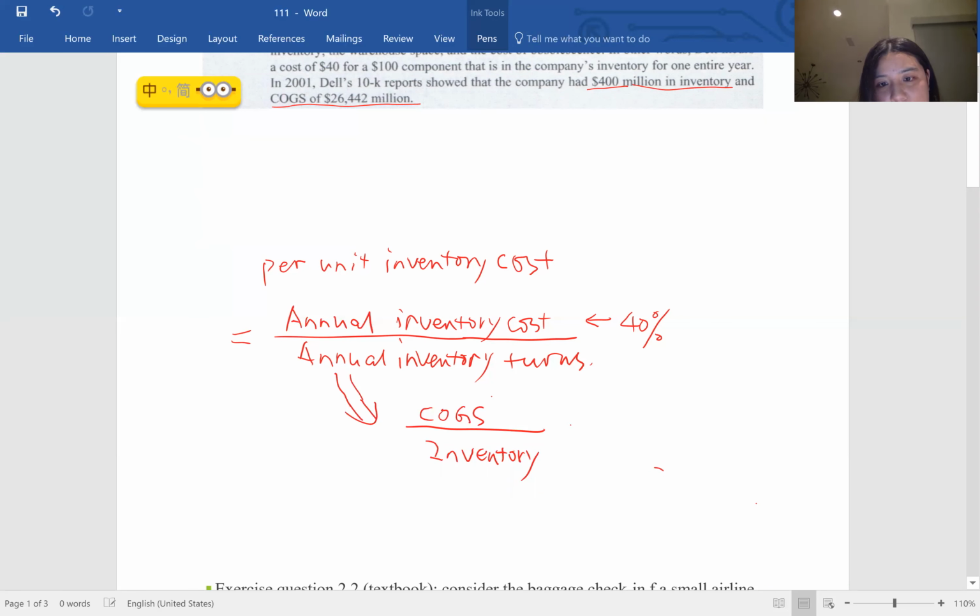And COGS is 26,442 and inventory is 400. So we can get the number. This equals 66.105 turns. This is turns per year.